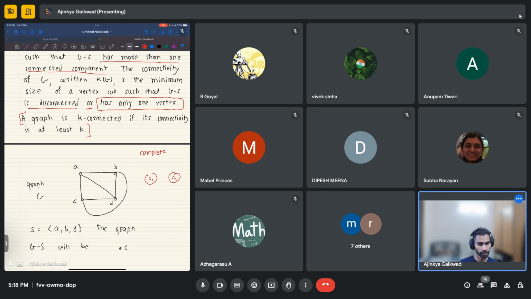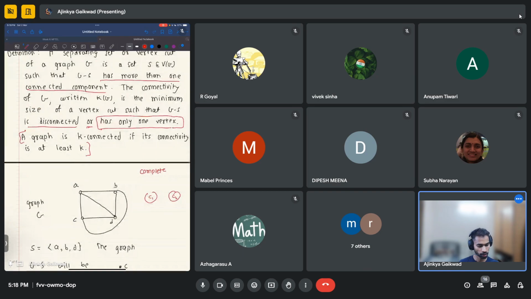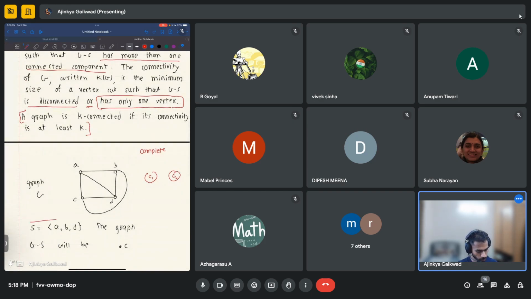But now if you remove three vertices, then I'll be left with only one vertex. And in the definition, if you see here in this red box, it says that in that case as well, I call it a vertex cut. So here, this set S is also a vertex cut. Is this clear?